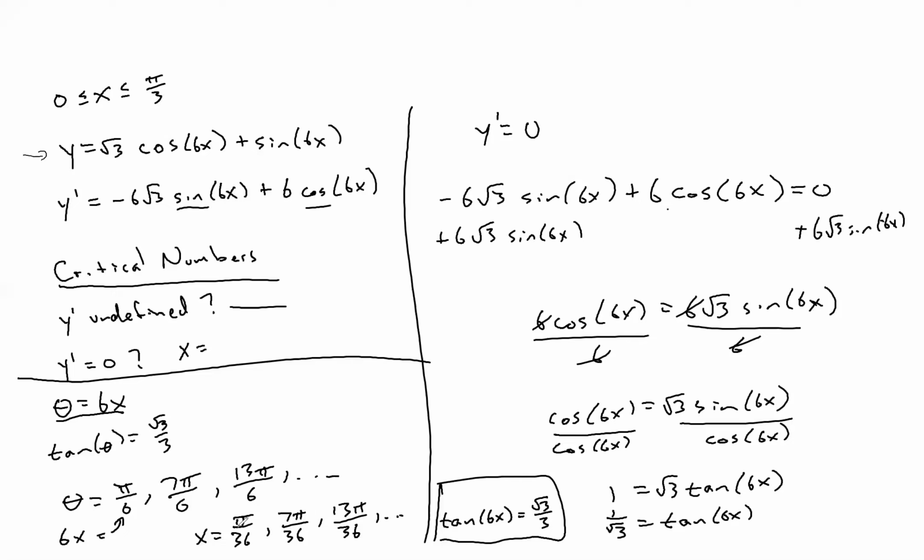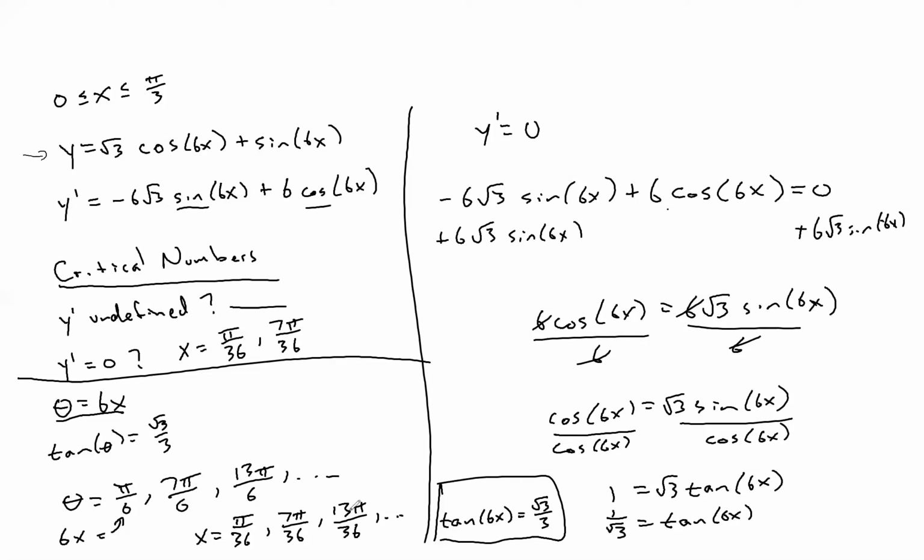Okay, well, so my critical numbers, pi over 36, yeah, that's bigger than 0 and it's smaller than pi over 3, so there's one of them. 7 pi over 36, yes, that's bigger than 0, and it's still less than a third of pi, so that's another one. 13 pi over 36, if you think about 13 over 36, that is bigger than 1/3, so this is bigger than pi over 3.